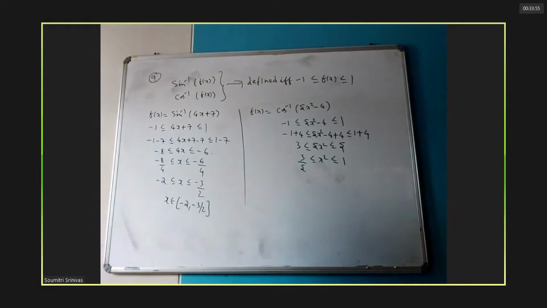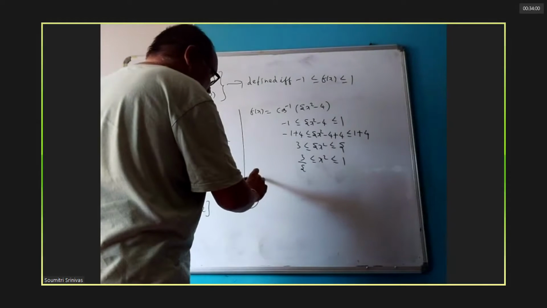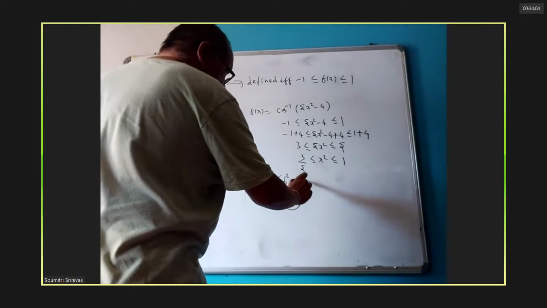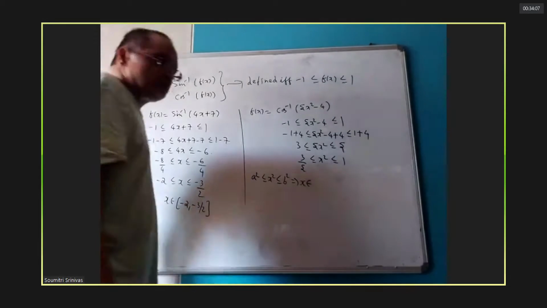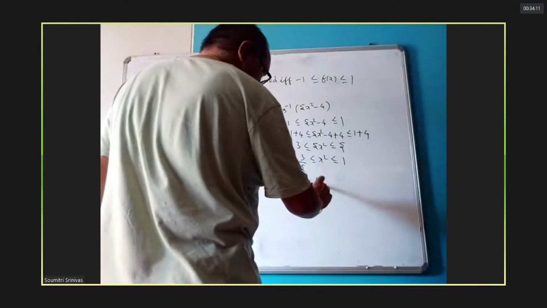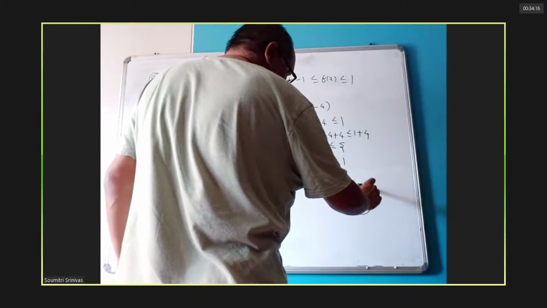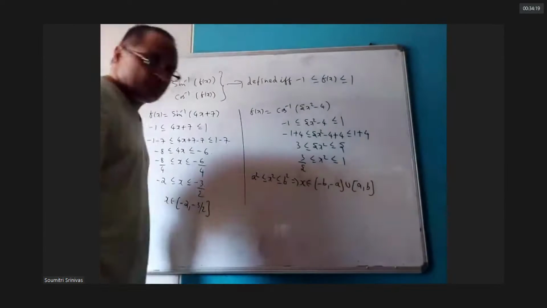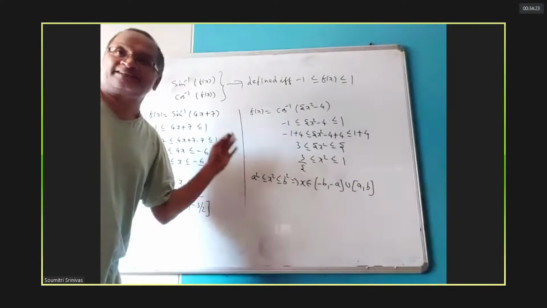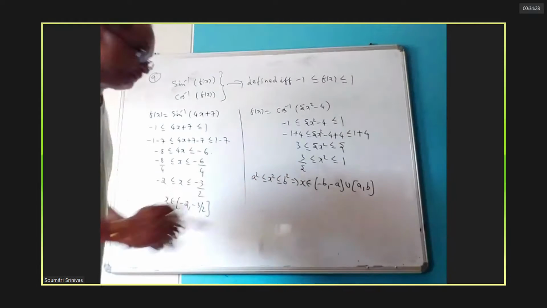Now, a square less than x square less than or equal to b square. I told all these rules. Where will x belong to? Minus b to minus a, union a to b. All these rules were taught. The role played by x square and the role played by mod x are the same.